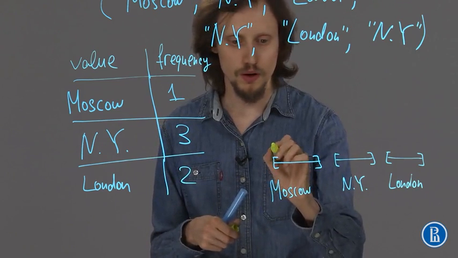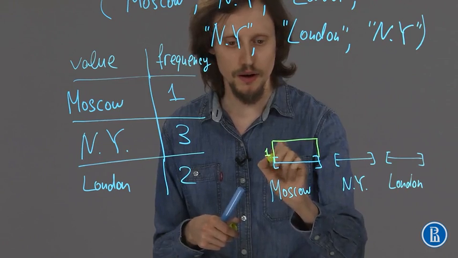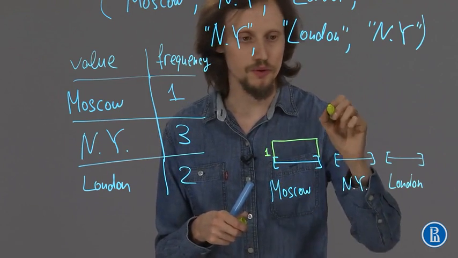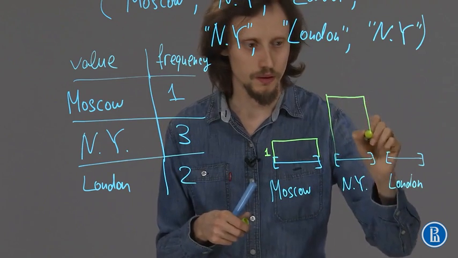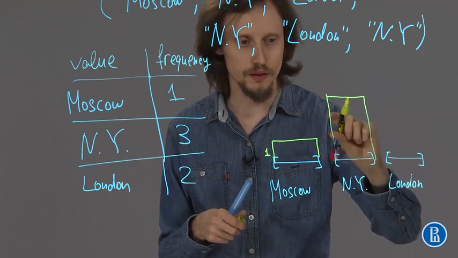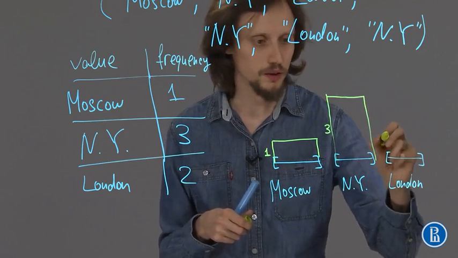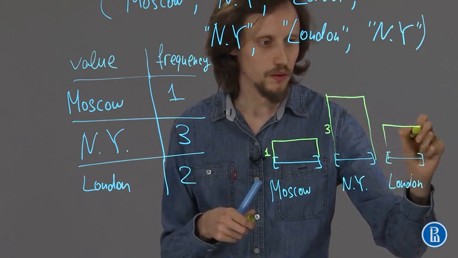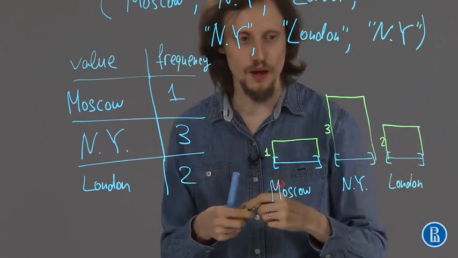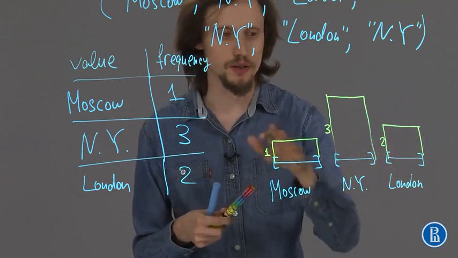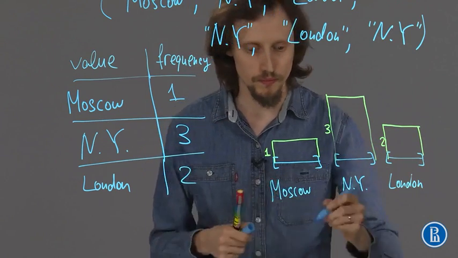So for Moscow I draw this rectangle, the height is 1. Here for New York I draw a much taller rectangle, its height is 3, and for London I draw this rectangle of height 2. And this picture, which consists of these rectangles, is called bar plot.